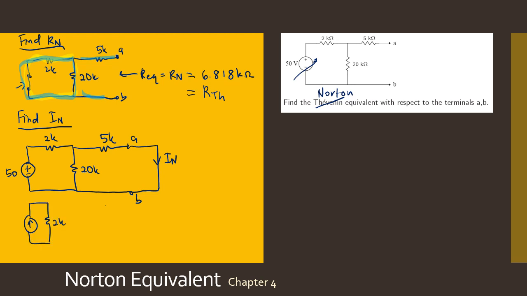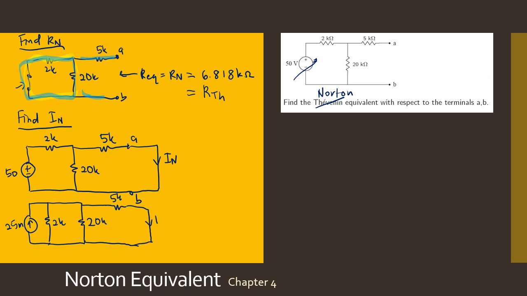50 divided by 2 kilo, you get 25 milliampere, and this is in parallel with 2k. Don't forget that 2k resistor, and you have this 20 kilo ohms, and the rest is the same like this.